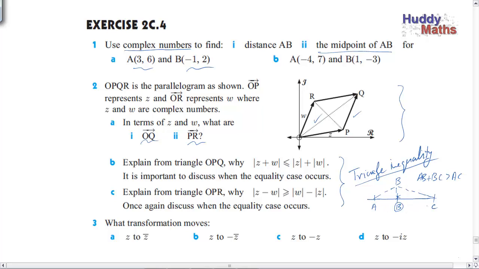If B was collinear with A and C, we would have equality: AB plus BC would equal AC, if that was in one straight line. But if I cut the line there and lifted it up to form a triangle, AB plus BC would now have to be greater than AC to get the extra lift, if you like. One little way of thinking about it.